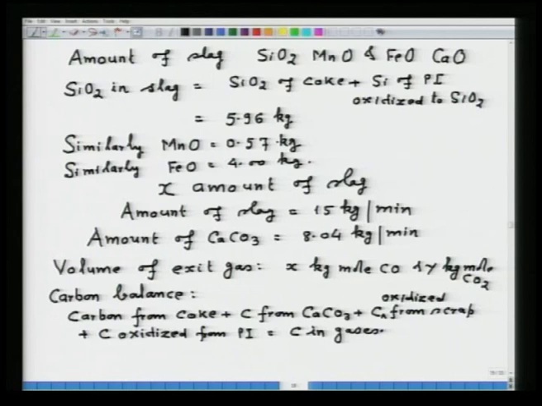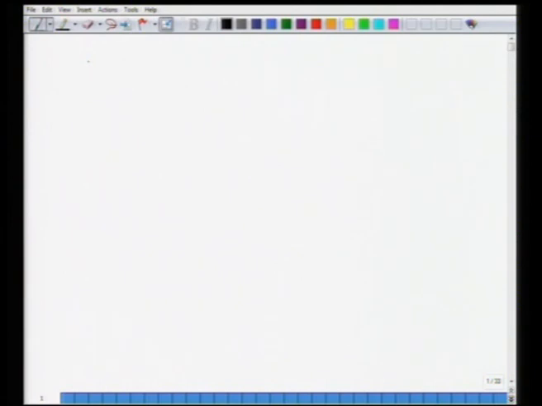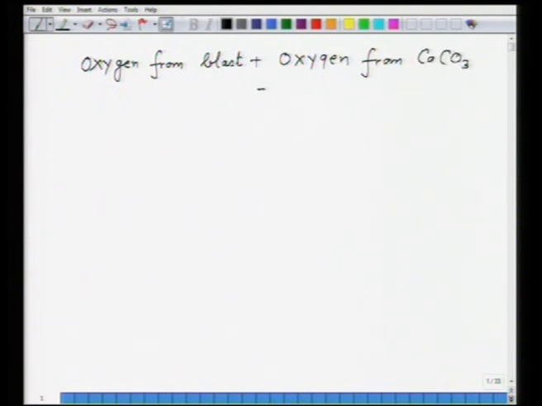Now, similarly, we have to do the oxygen balance. So, I am performing oxygen balance, and this oxygen balance is say oxygen from blast plus oxygen from calcium carbonate, that is equal to oxygen in gases.